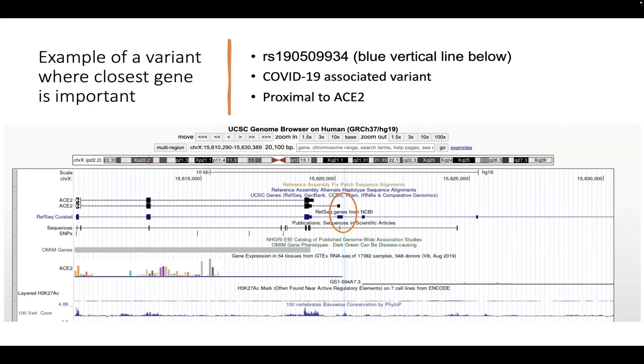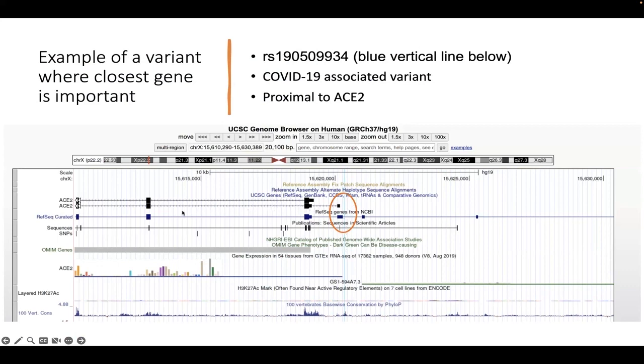So this variant is associated with ACE2 expression and is important for ACE2, so it's effectively the closest gene. The consensus in the field, or at least the major consensus in the literature, is that this is an ACE2 regulating SNP.